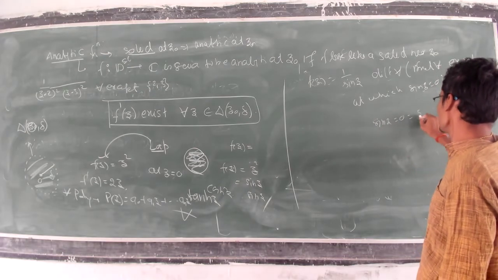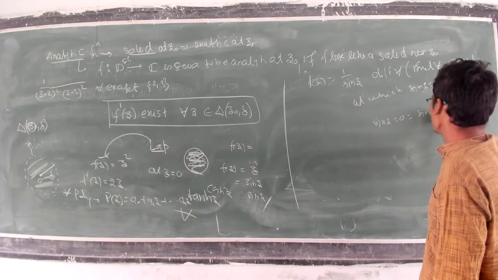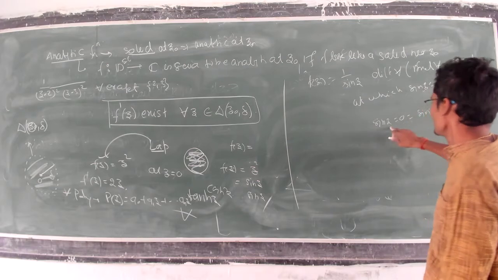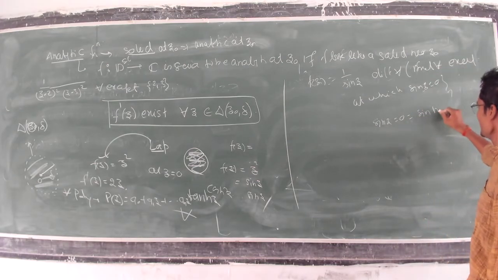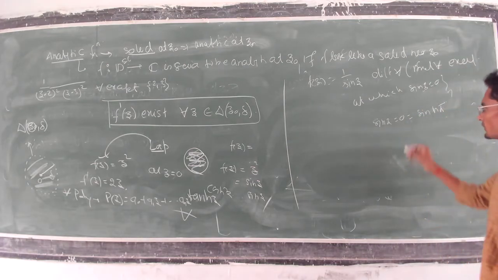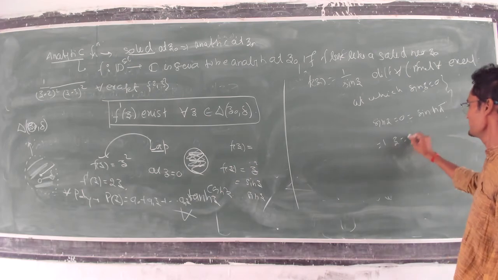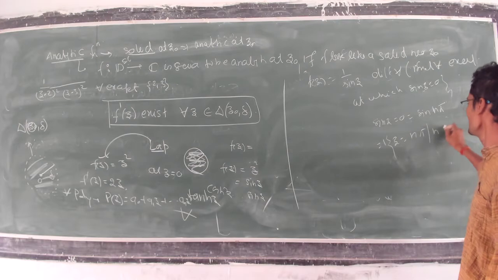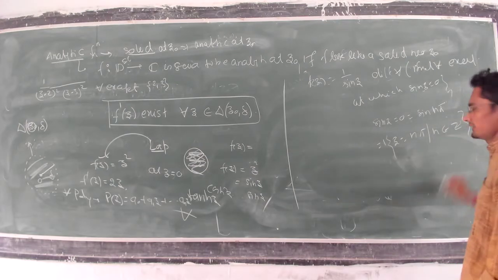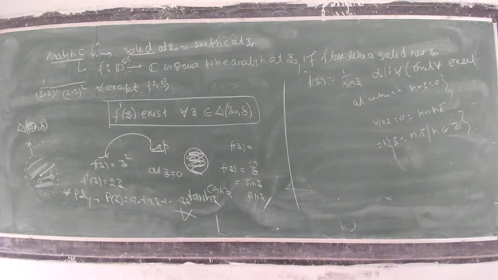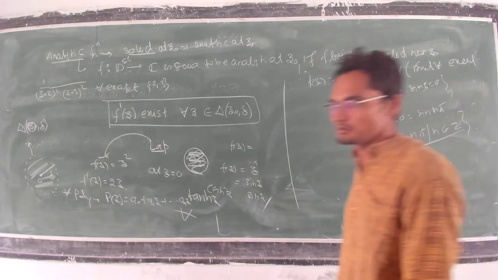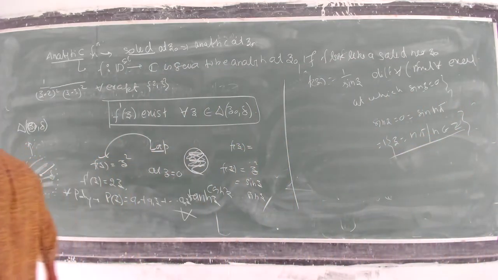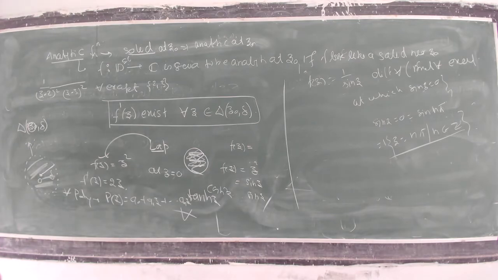Sin z is 0 means sin n pi, so this implies that z equals n pi, n belongs to integers. So this function is analytic everywhere except these points, pi, 2 pi, 3 pi, 4 pi and so on, right? Yes, sir.